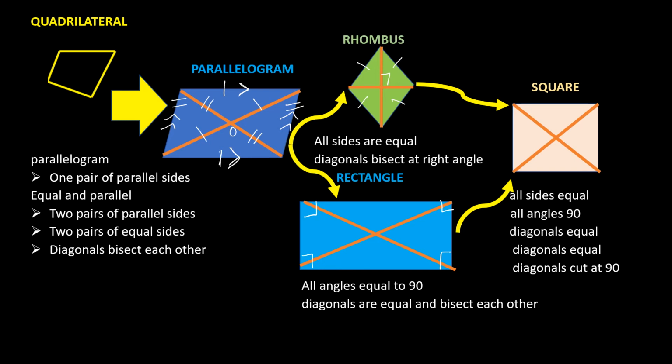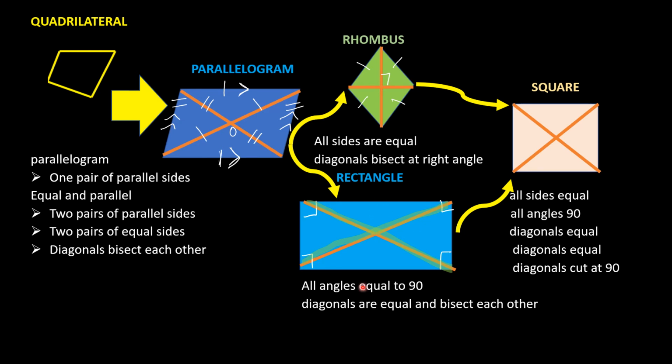If you take this diagonal and this diagonal and they are equal, we can say that it is a rectangle. So after proving it is a parallelogram, you have to prove it is a rhombus or rectangle. After proving it a rhombus or rectangle, then you have to prove it is a square.